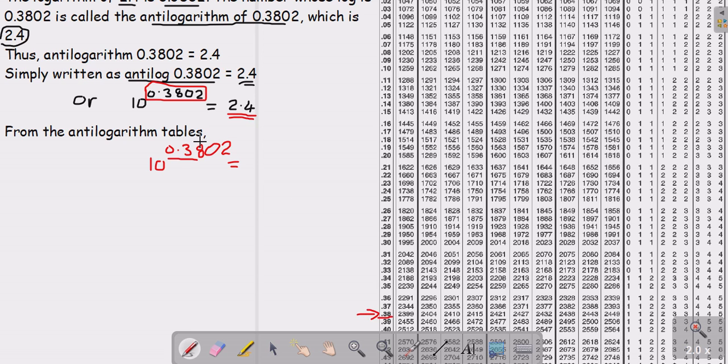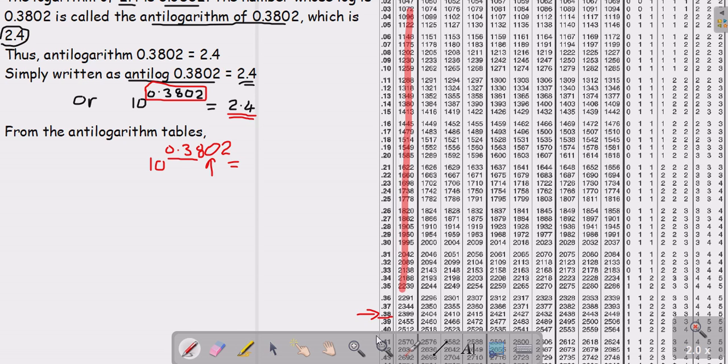After 0.38, we are followed by 0, meaning our answer has to be along the zeros column.